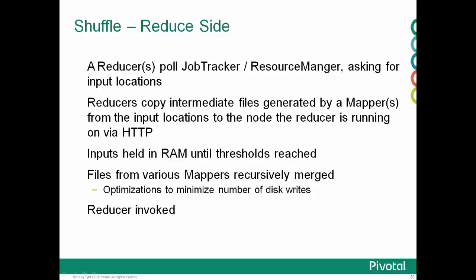These inputs are held in RAM until certain thresholds are reached, in which case they're spilled over to disk. Files from the various mappers get recursively merged, and once all of the intermediate data files have been merged, then the reducer code is actually invoked.